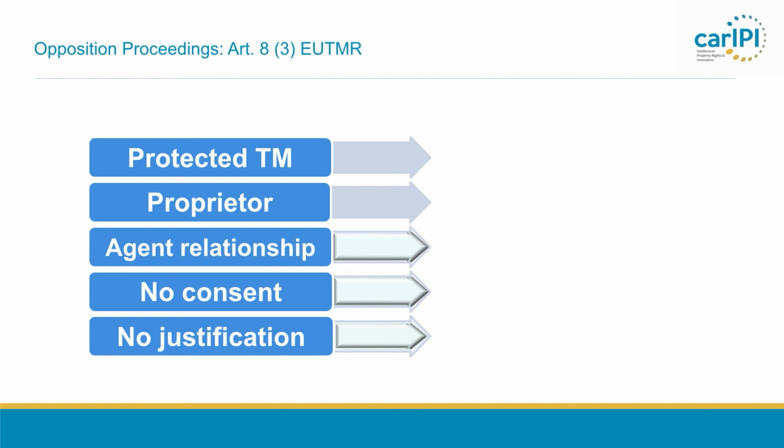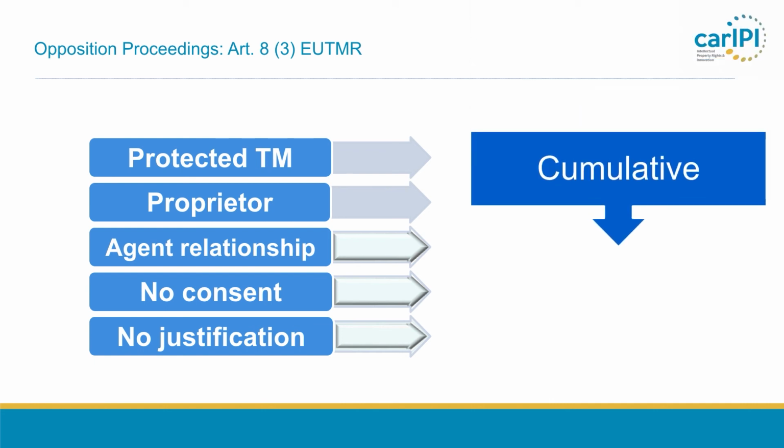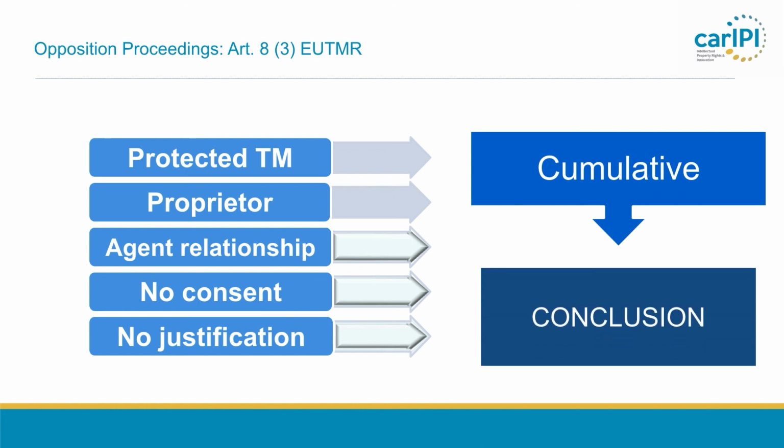If they have a protected trademark, they are the proprietor of this trademark. They show that there is an agent relationship, and if this was a distributor or licensee, this shows this kind of relationship, that there was no prior consent, and that there is no justification. And in this case, that was indeed the situation. Because if the agent, a distributor, files for the trademark in their own name, there was no consent, there is no justification, and on this basis, the trademark could be refused.